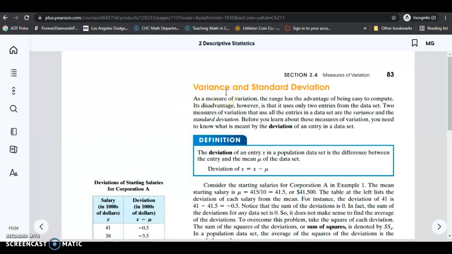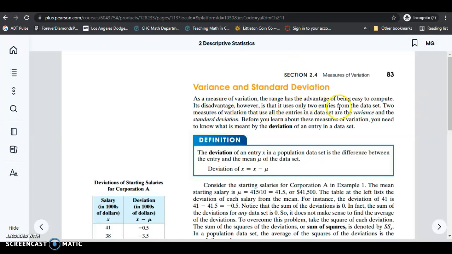The other two measures of dispersion are discussed starting on page 83, and the book will walk you through how to calculate the variance and the standard deviation of a data set.